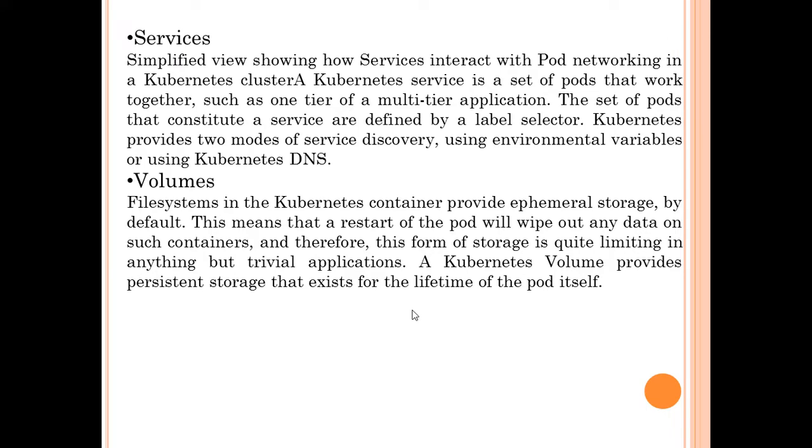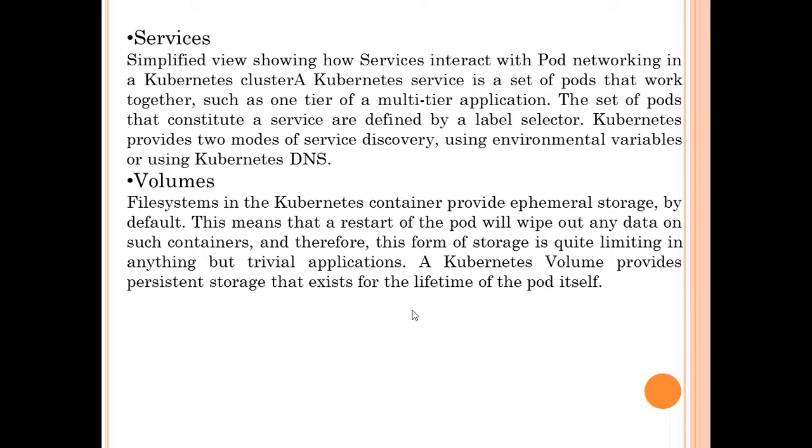Next is volume. Now, why do we need a volume? Volume is to store the data which is being executed by a pod. Because once your Docker is no longer needed, it will get destroyed. So if it is getting destroyed, you need to store the data which it has executed.